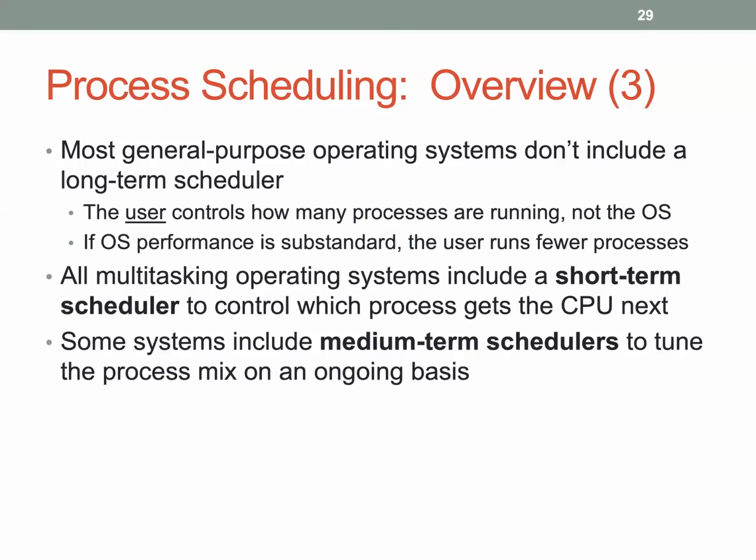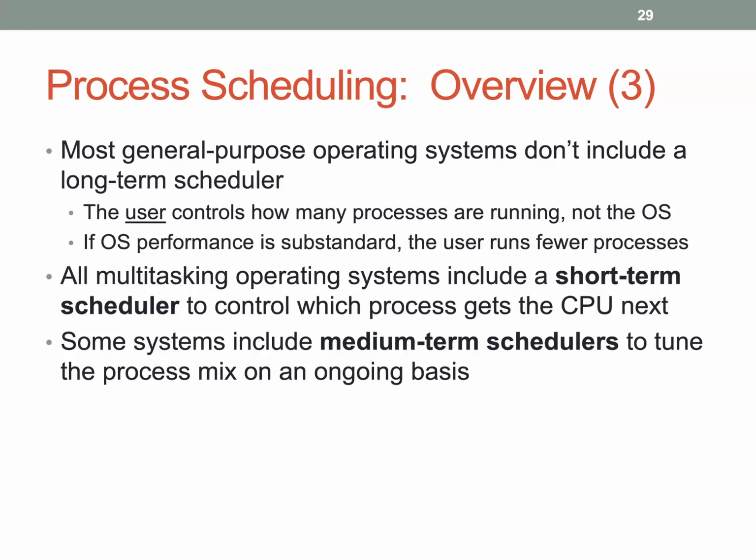There is another kind of scheduler, which again tends to be relegated to batch processing systems, called a medium-term scheduler. This basically deals with mistakes that the long-term scheduler made. A lot of processes are spending time on the CPU and peripherals are underutilized, so I'm going to stop scheduling some of the CPU-bound processes to try to achieve a better mix.